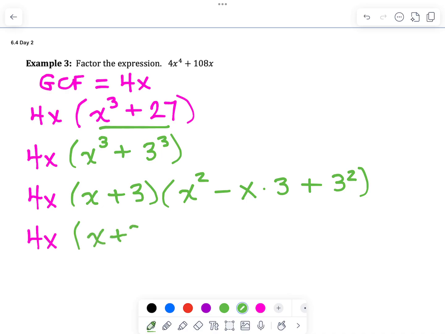Now we simplify that second parentheses. So negative x times 3, negative 3x. 3 times 3 is 9.